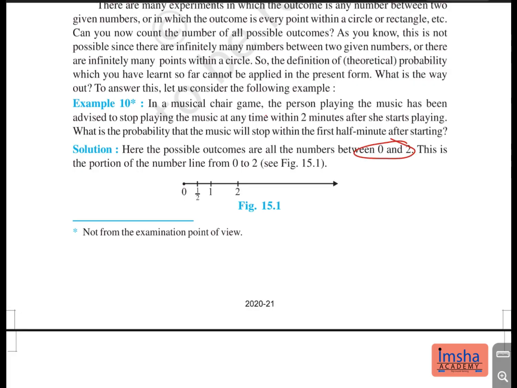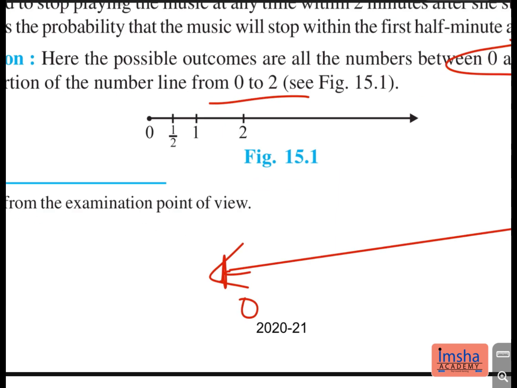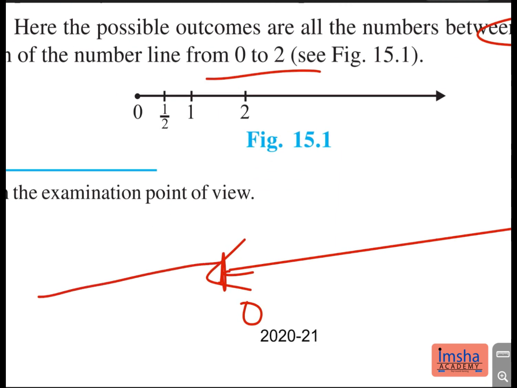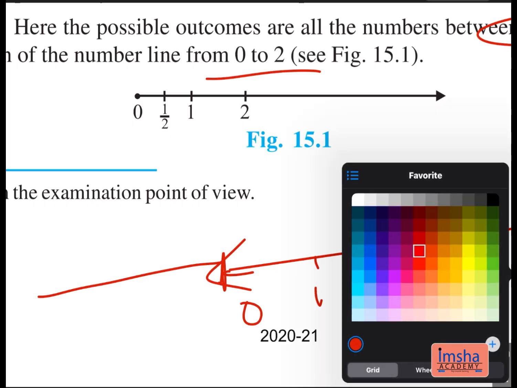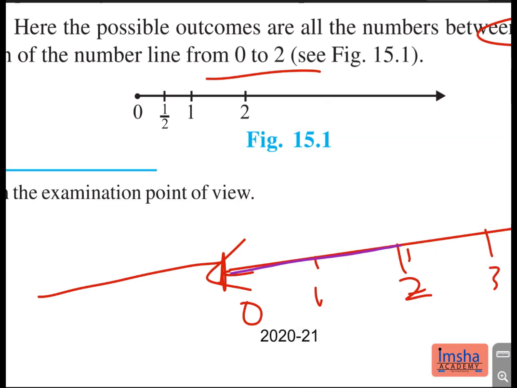This is the portion of the number line from 0 to 2. So this is the number line. Here it will be 0, the positive side, so I'll not take the negative side. So 1, 2, 3, but we have to stop till 2. This line they have given us. So the first half minute means here.